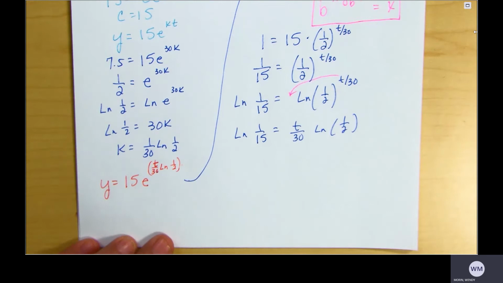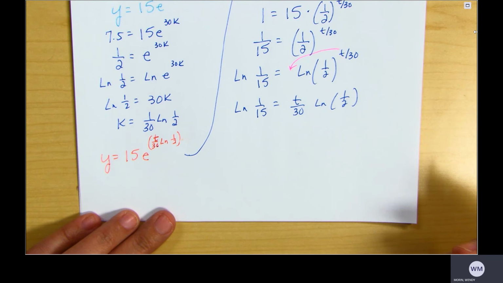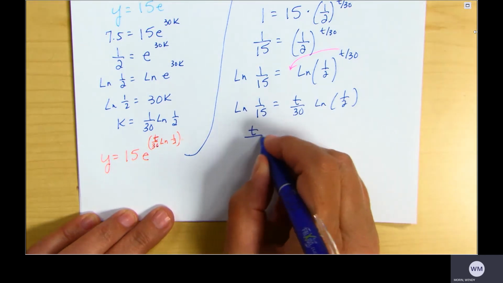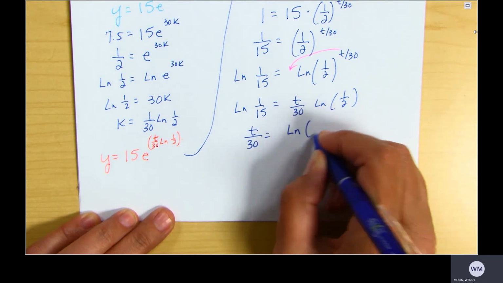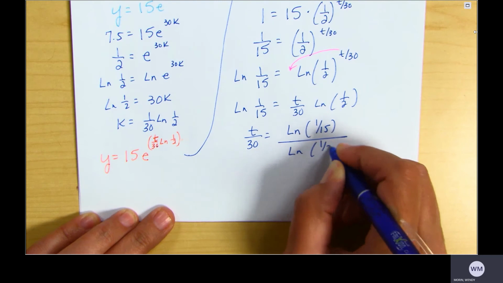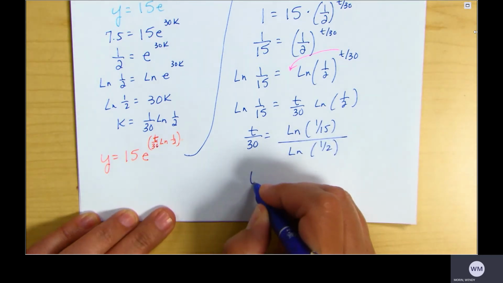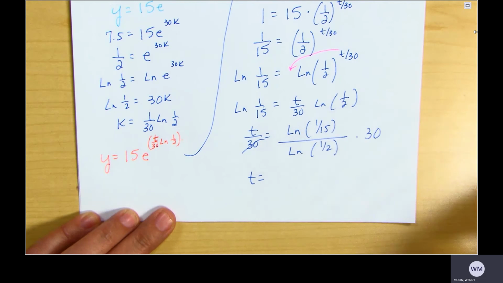Again, I'm trying to solve for t. What would you do first? I guess it's completely up to you. I'm going to take the natural log of 1/15 and divide it by the natural log of 1/2. And then I'll multiply both sides by 30.